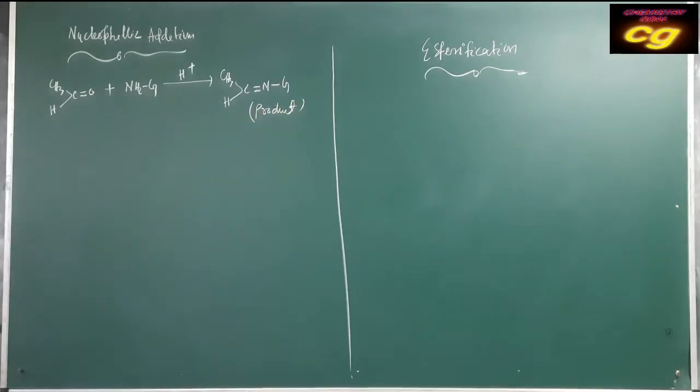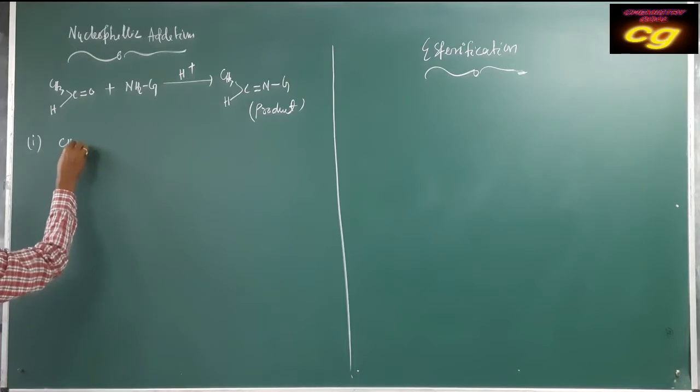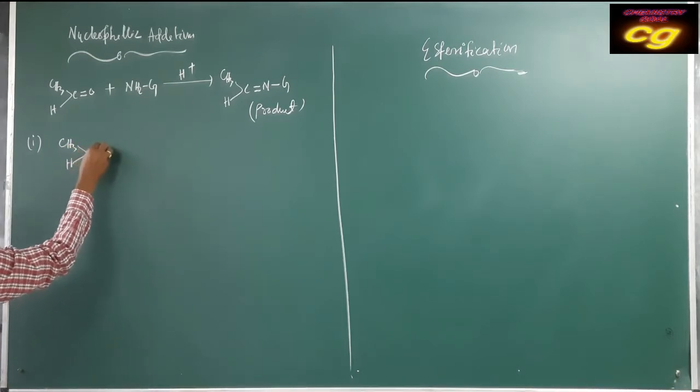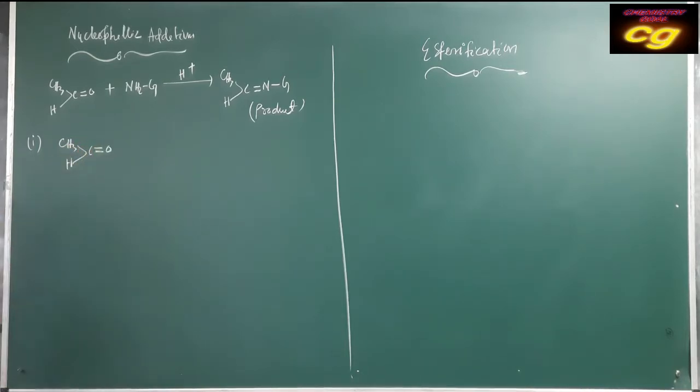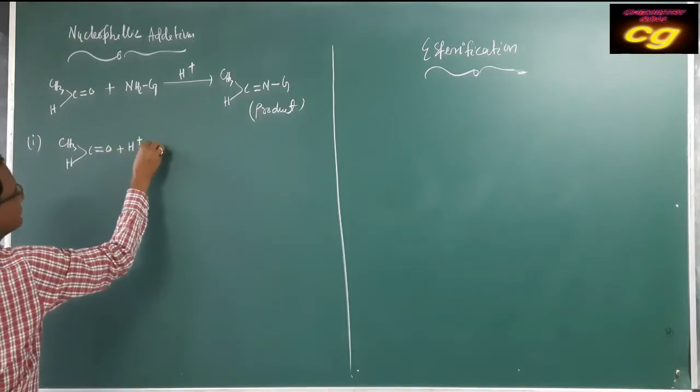What is the mechanism? Here the mechanism is like this. CH3CHO, this keto group will be protonated by H plus ion.